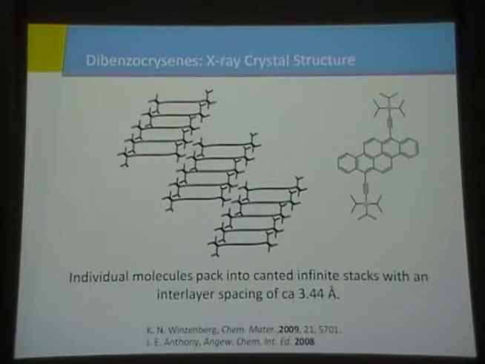With one of these small molecules, you can grow single crystals simply because they crystallize very nicely. If you do single crystal X-ray diffraction, they tend to form a one-dimensional kind of stacking, with an interlayer spacing of about 3.4 angstroms.